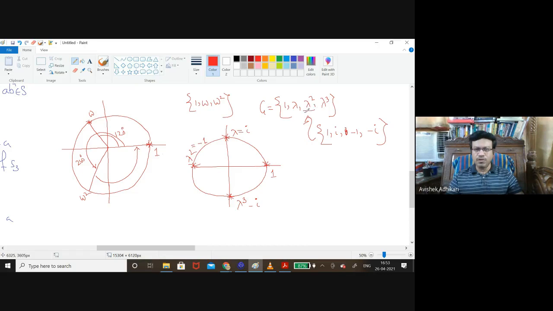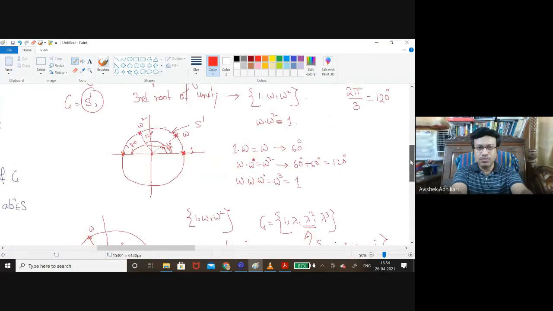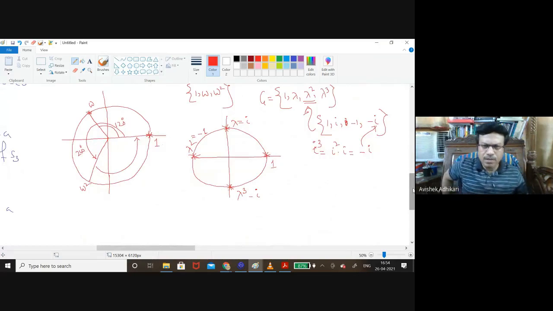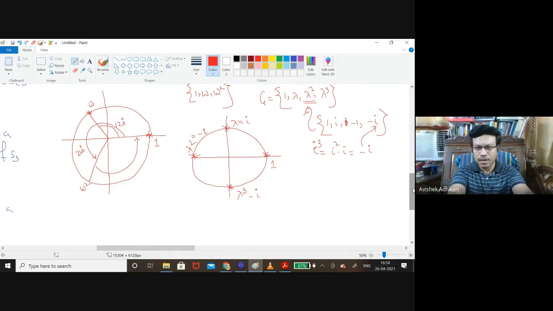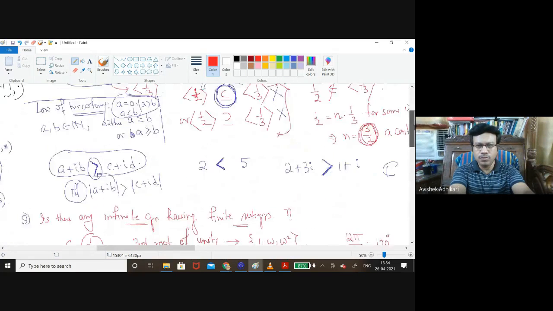So this is the fourth root of unity, which is nothing but 1, i, i square meaning minus 1, and then i cube meaning minus i. Why is i cube minus i? Because i square into i square is minus 1, so minus i. So now geometrically you can have a nice structure of what you should learn in your complex analysis part. Maybe you have already been taught in your undergraduate semester 1, but still I think now it's clearer to all of you to understand how the groups of units look like.